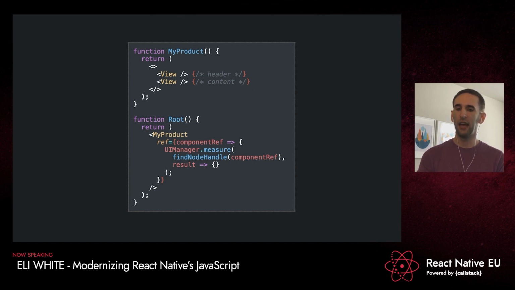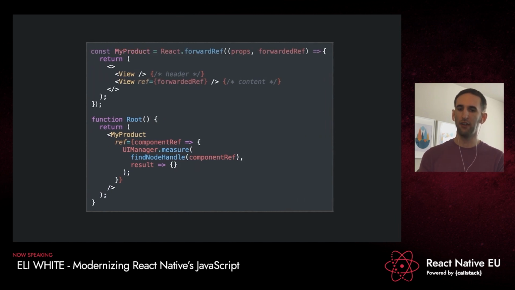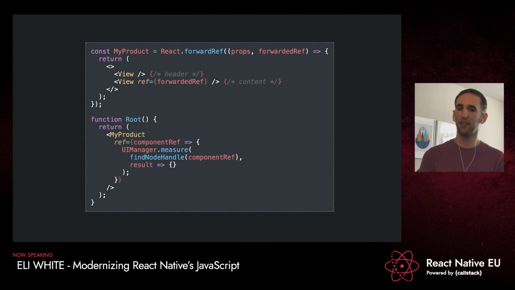Instead of calling UI manager measure on findNodeHandle with my product, we want to attach a ref. The ref that we get from my product is a ref to a JavaScript component. We want to get the ref to the content view. So React forward ref lets us wrap our component and attach that ref directly to the content view.